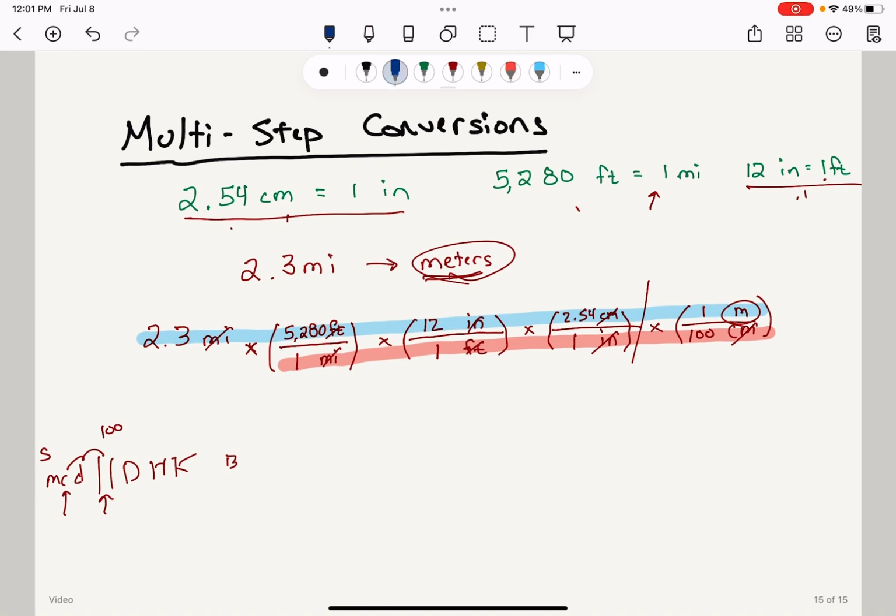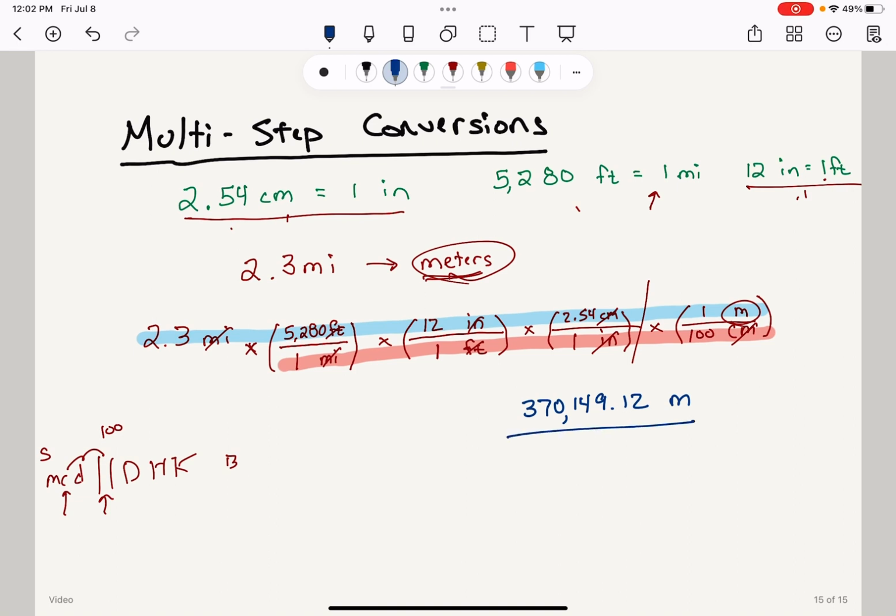The numerator would generate 2.3 times 5280 times 12 times 2.54 equals, and that's a very large number of 370,149.12. Then that's what's in the numerator, and that's meters because everything else is canceled, over everything in the denominator.